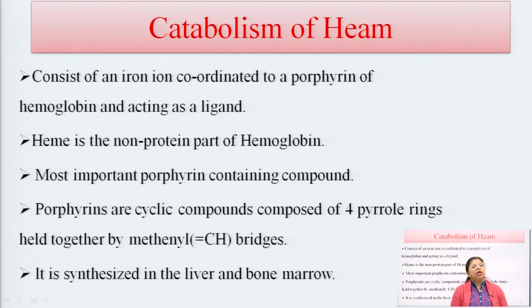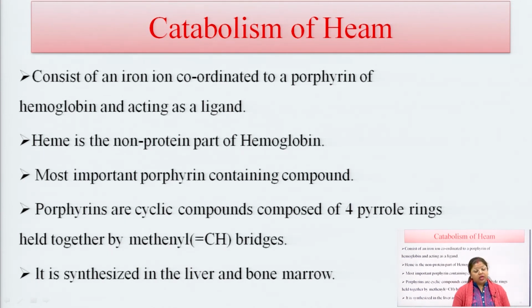Heme is the non-protein part of hemoglobin, and globin is the protein part of hemoglobin. Hemoglobin is the most important porphyrin containing compound, and a porphyrin ring is a cyclic compound which has pyrrole rings in its structure, held together by methynyl bridges.